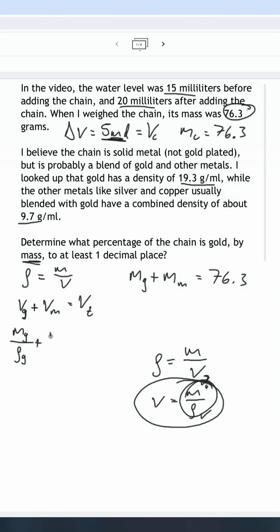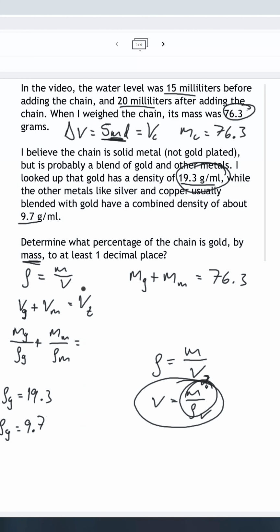So it's going to be the mass of the different metals over the density of the different metals. And remember, we know the density of both things, right? Because over here we have that the density of the gold is 19.3, and the density of the other things, right, that are blend are 9.7. So these are just numbers. These are not variables. So we are going to be able to make nice equation systems and everything.